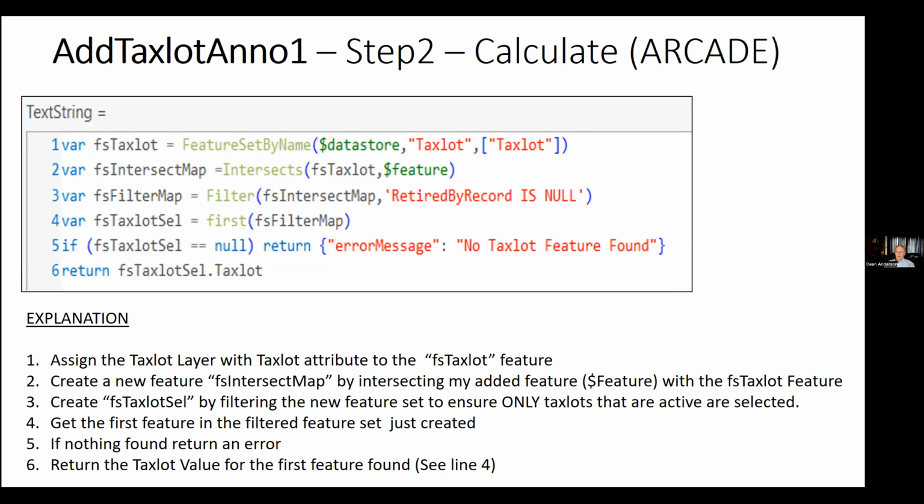And so when you position it, we filter not just retired by record as null, but we filter by the tax lot being the GUID of the current active record. So you just add another filter on it, or expand that filter to be an AND. And that way we're going to grab the first tax lot within that particular one.